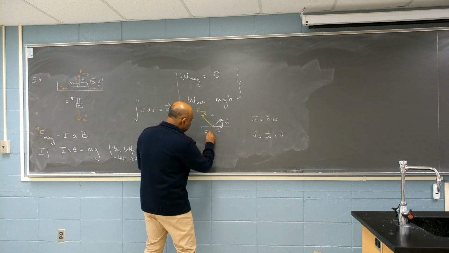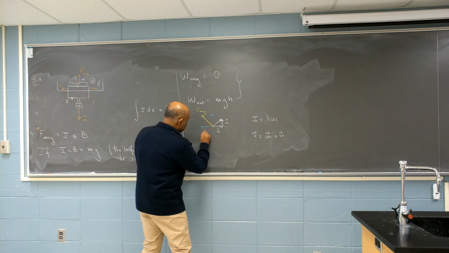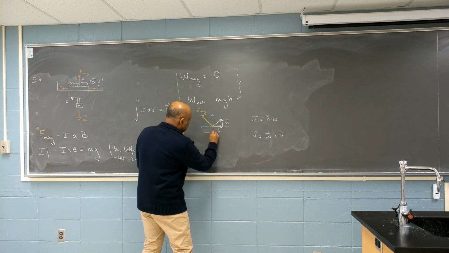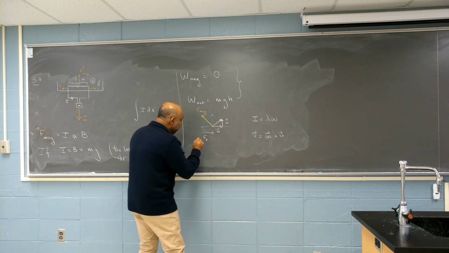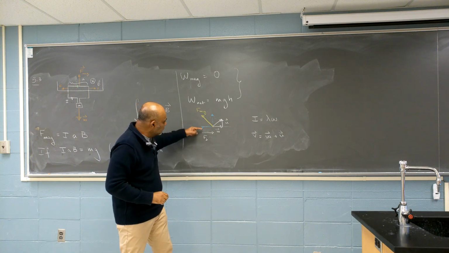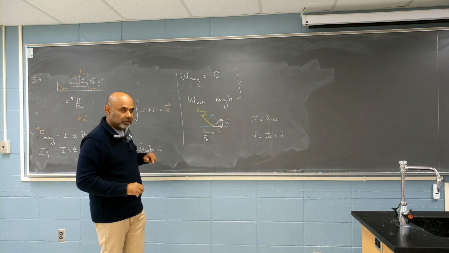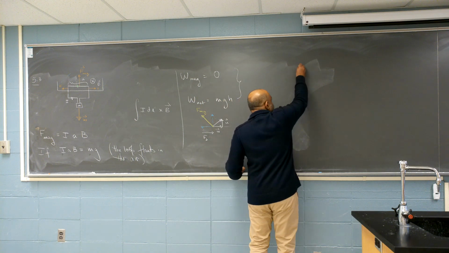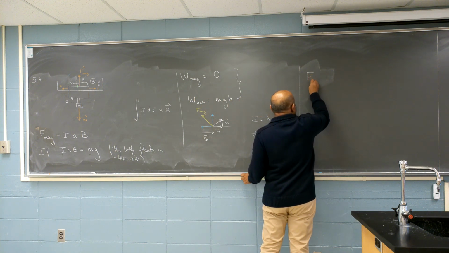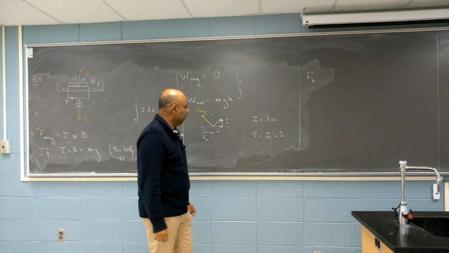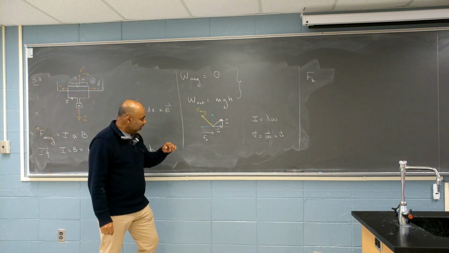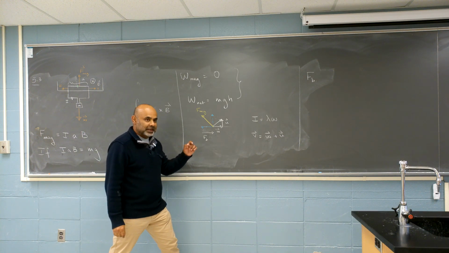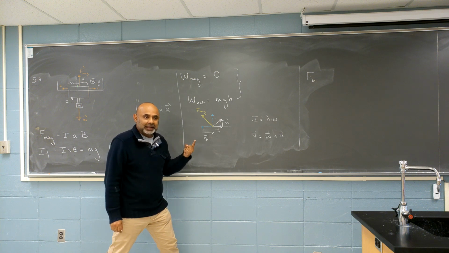So maybe I can put it this way. The battery has to maintain the current, so the battery has to apply an equal and opposite force. This is also good practice for magnetic fields. Magnetic force is perpendicular to the velocity and the magnetic field.